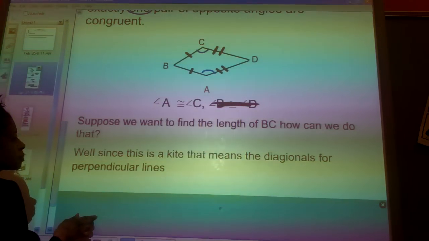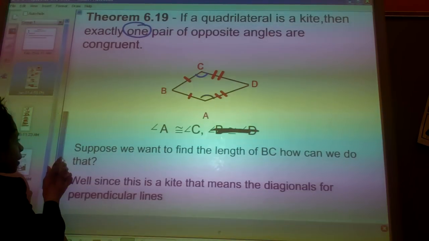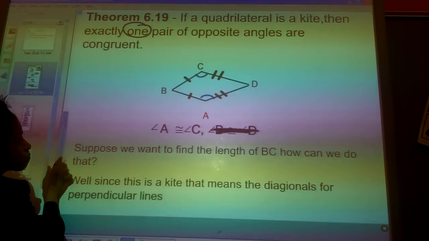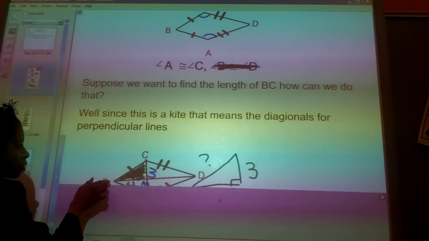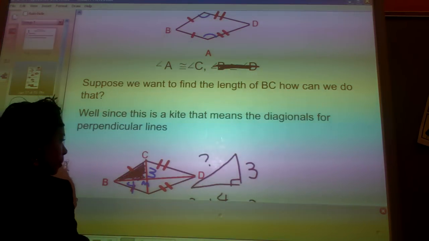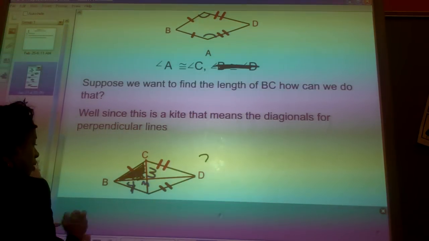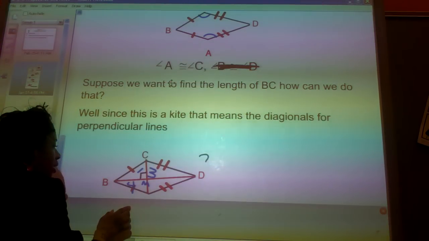Let's suppose I have a kite here, and I'll go back here. I'm going to let you copy this down while I'm writing here.